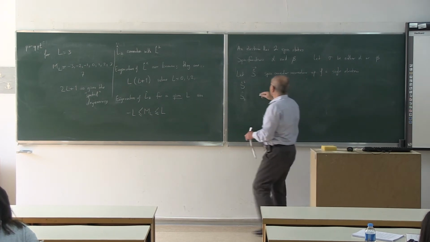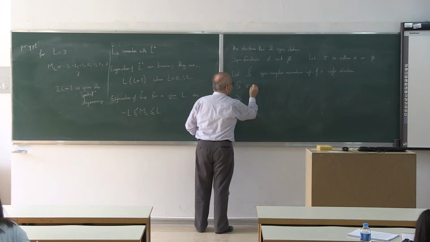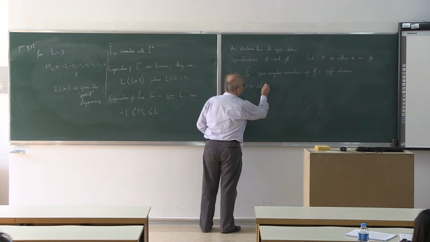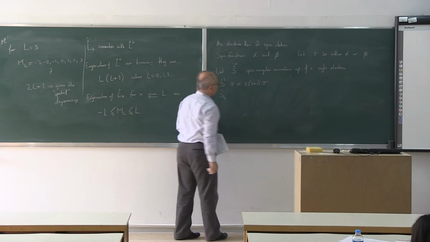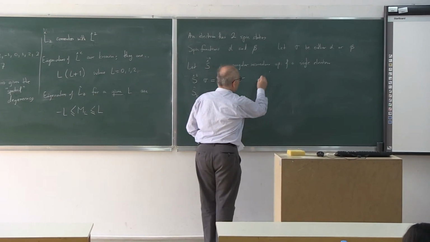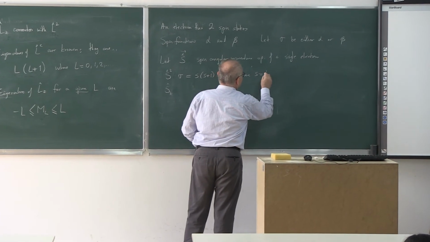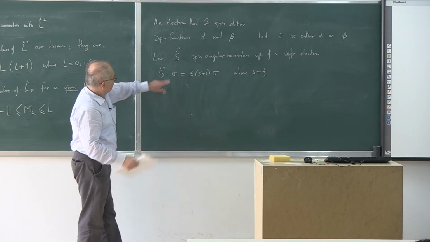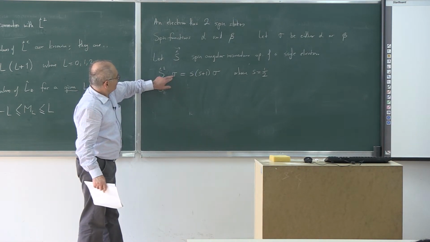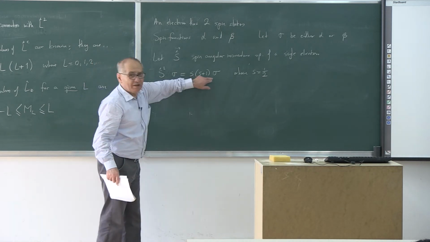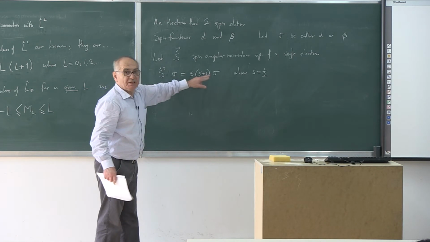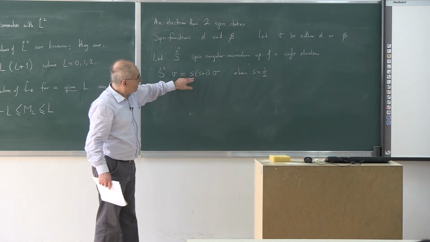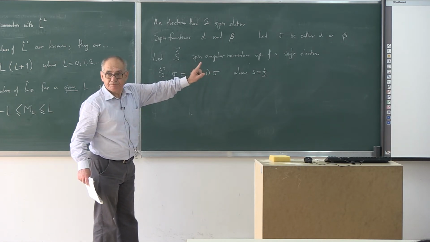Then either alpha or beta satisfies S square sigma equals s times s plus 1 times sigma, where s has just one value, which is 1/2. This means that whether you put alpha or beta, they are both eigenfunctions of S square, with the same eigenvalue.